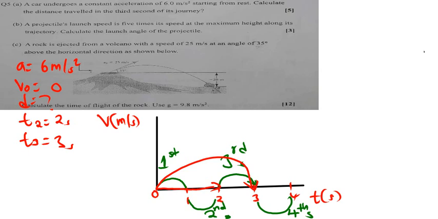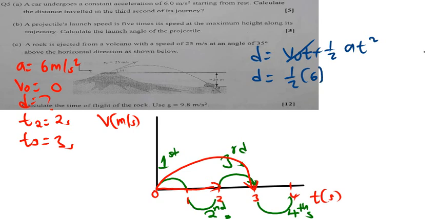Because in the second one, we are saying d is equal to v initial times t plus half a t squared. So I want to find the distance now. I'll start with the one for when t was equal to 2. The first term is cancelled because initial velocity is 0. So it will be half, acceleration is 6, the time now is 2, and I square it.